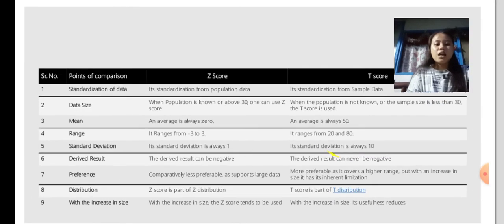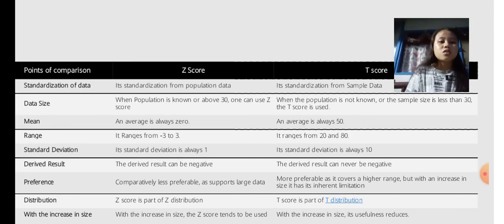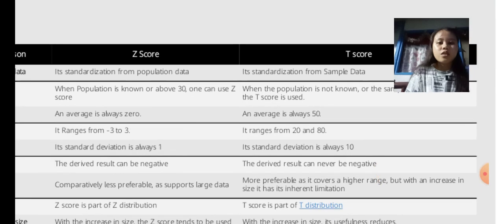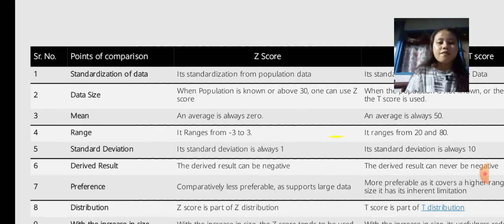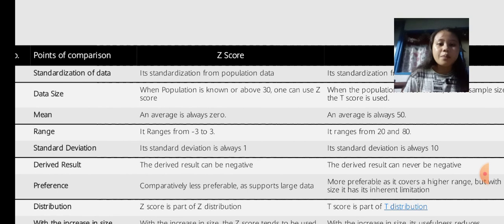So what are the comparisons of the z-score and the t-score? First is standardization of data. The z-score is standardization from population data, while the t-score is standardization from sample data from the mean.